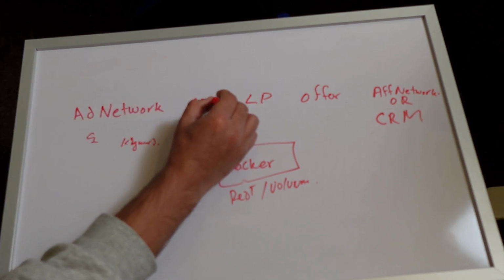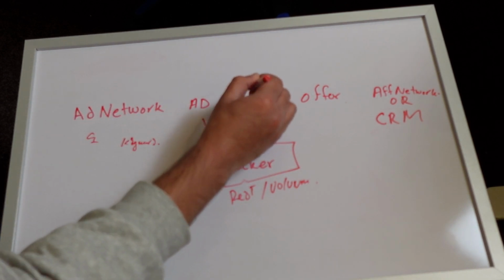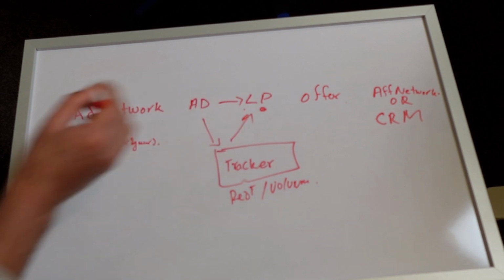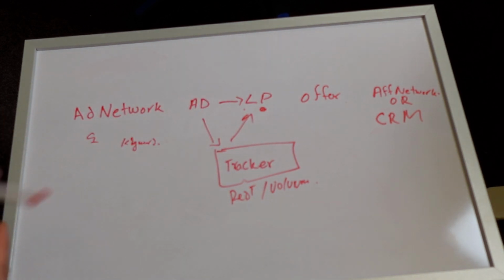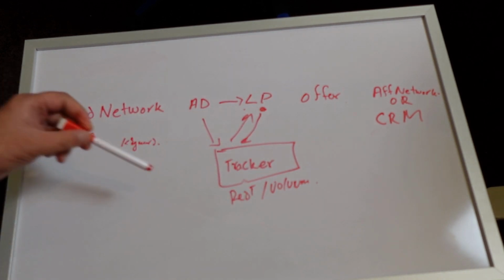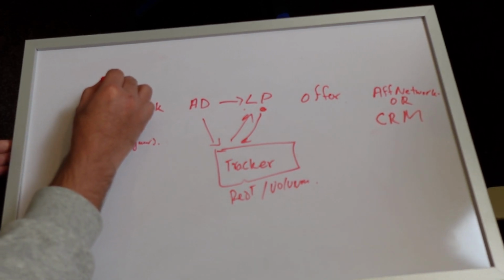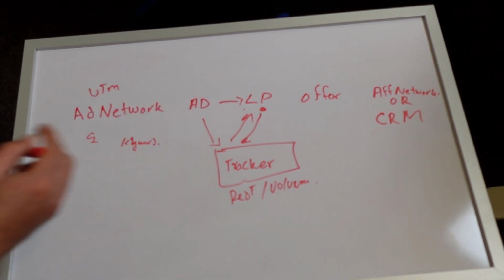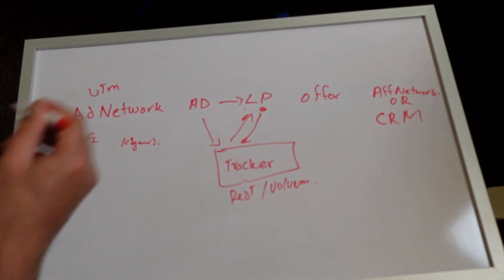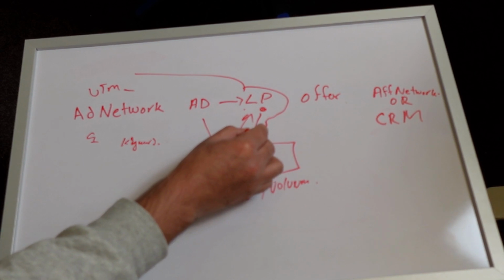What that means is the user goes to the landing page, and every landing page has a JavaScript script installed. That script is communicating with the tracker, telling it, okay, I received this visitor, and whatever the UTM parameters were, it gives details about those parameters to the tracker.